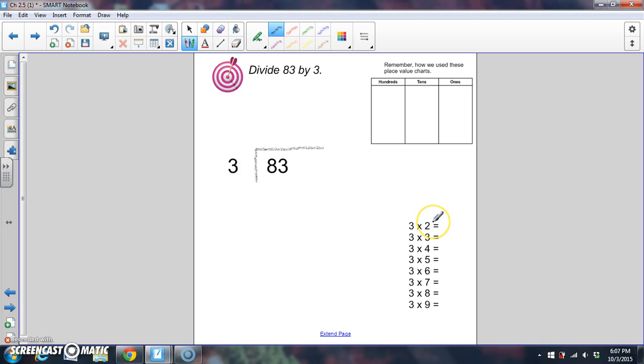So over in this corner here I have 3 times 2. I'm going to write that down. I know that's 6. 3 times 3 is 9. 3 times 4 is 12. Continue to fill this out as you follow along.